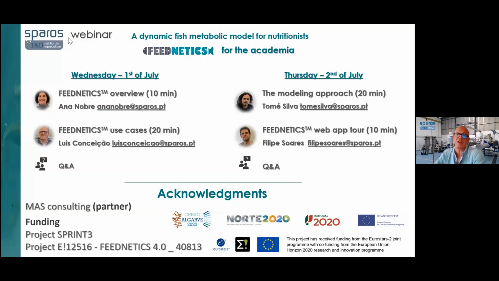If you have a probiotic that you know will improve the digestibility of protein, or that will affect the digestibility of phosphorus or other nutrients, or affect the feed intake, then you can use FEEDNETICS, but not the health effect per se. So FEEDNETICS does not predict health effects; it predicts only the nutritional effects. So basically, effects that happen at the level of feeding and processing of the nutrients through the intermediary metabolism. But Tomeo will explain that a bit more tomorrow in his presentation.